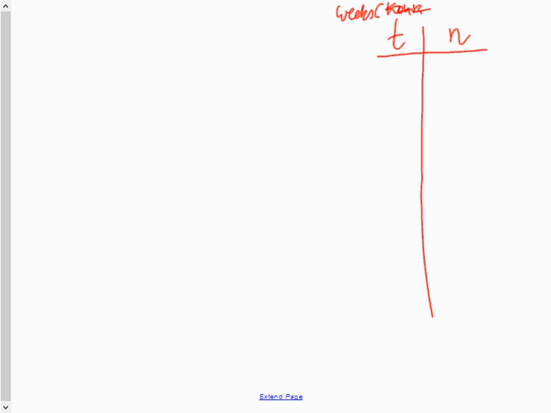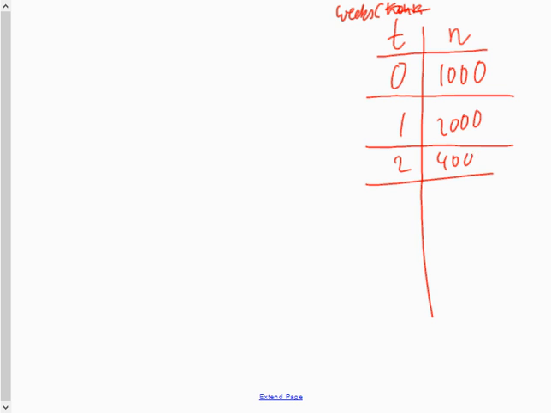So if there was 0 weeks gone by, there would still be 1,000 bacterium in my coffee mug. After 1 week, it would double. After 2 weeks, it would double again. 3 weeks, double. 4 weeks, double.